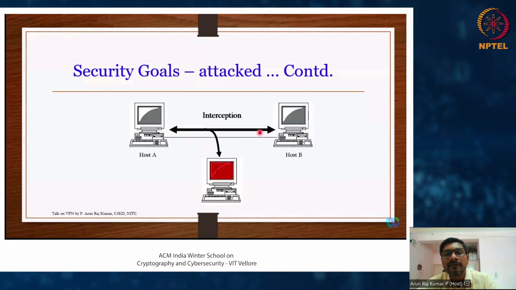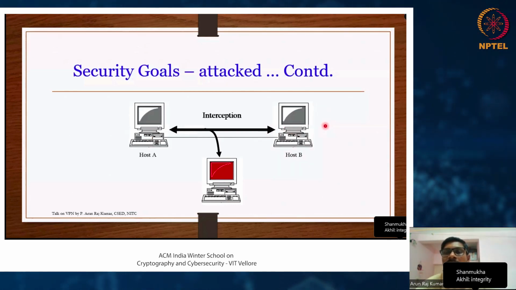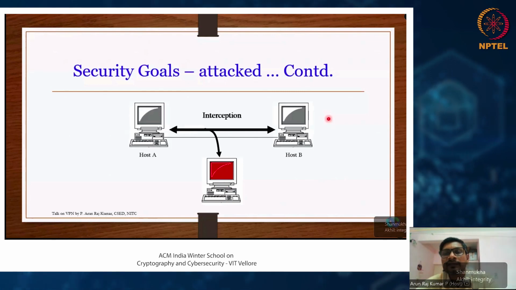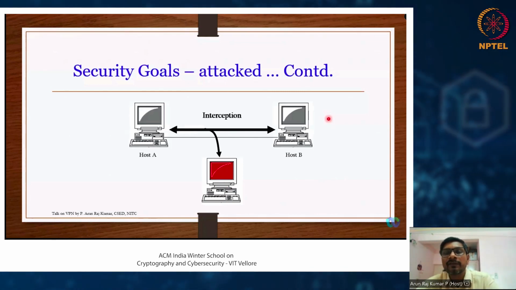So there is some data flowing between A and B. And there is an attacker who is trying to do some kind of interception on the traffic communicated between A and B. So what kind of goal is compromised here? Any answers? Integrity? Okay. Any other answers?